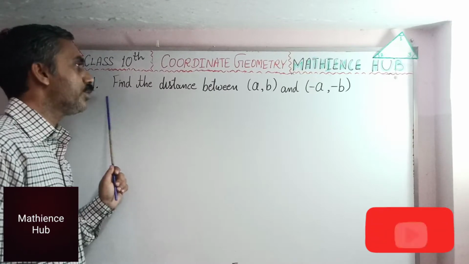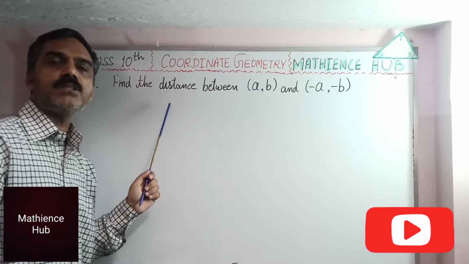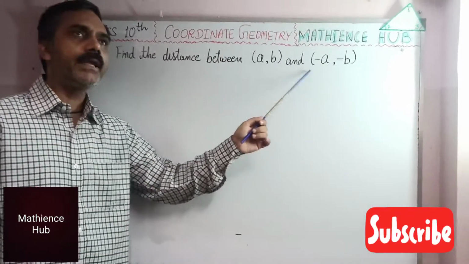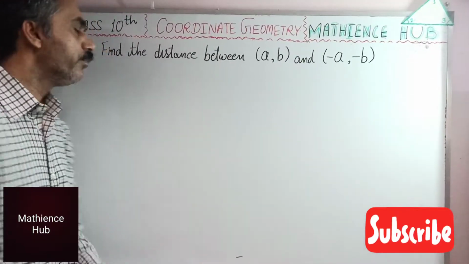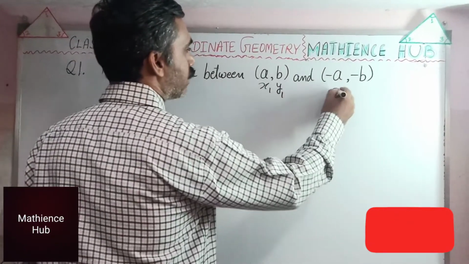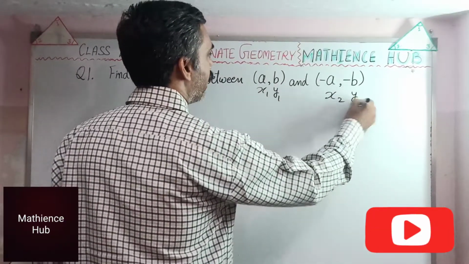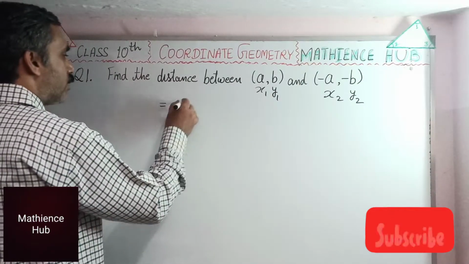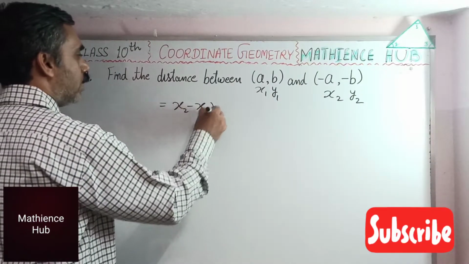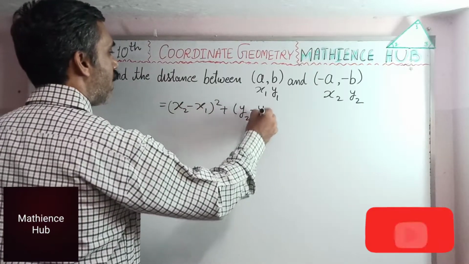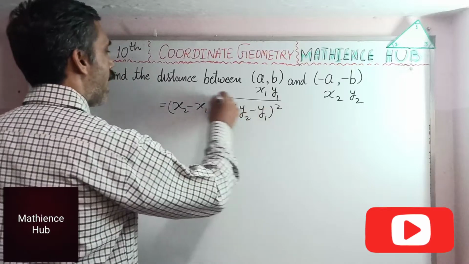Here we solve question number 1 from the NCERT class 10th book. Find the distance between (a, b) and (minus a, minus b). This is x1, y1 and this is x2, y2. Using the distance formula, square root of (x2 minus x1) whole square plus (y2 minus y1) whole square.